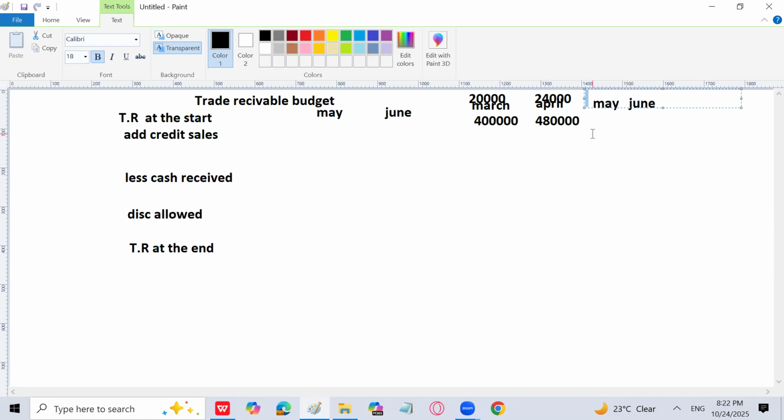Now 24,000 into 20% is, I believe, 4,800. 4,800 plus 24,000 is going to be 28,800. Multiply by 20, we'll get the May sales. 28,800 into 20, because the selling price is fixed.